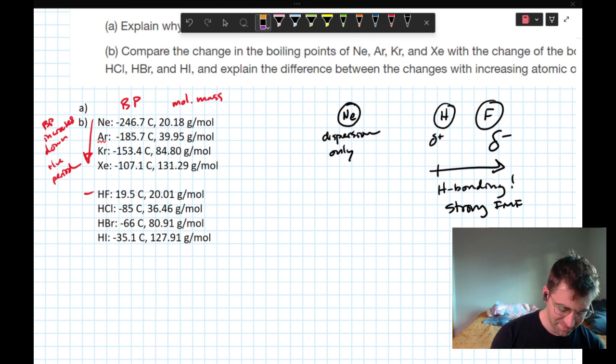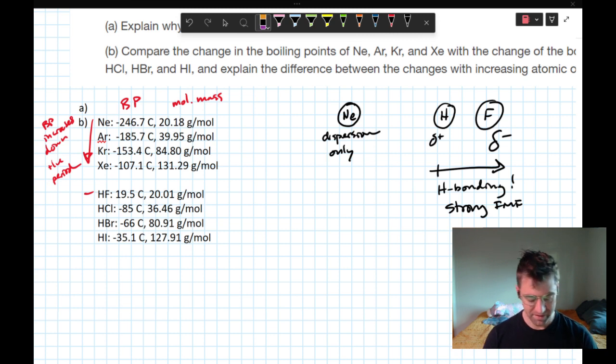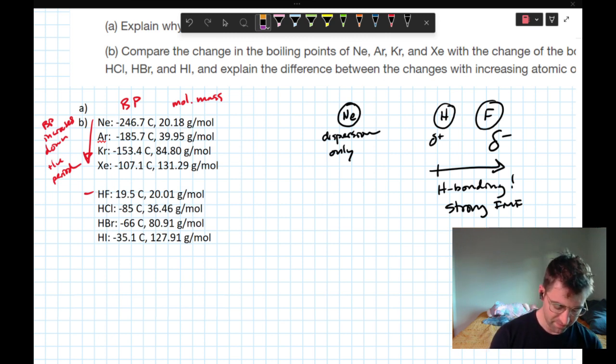So that's your general trend, right? Our molecular masses are also increasing. Xenon is heavier than krypton, is heavier than argon, is heavier than neon, and therefore has a higher boiling point.